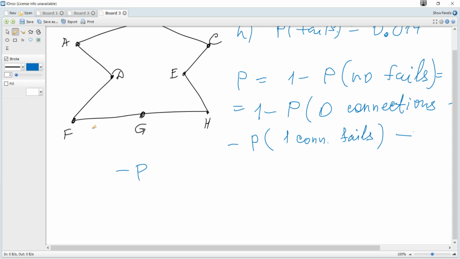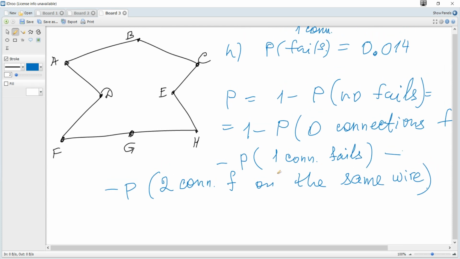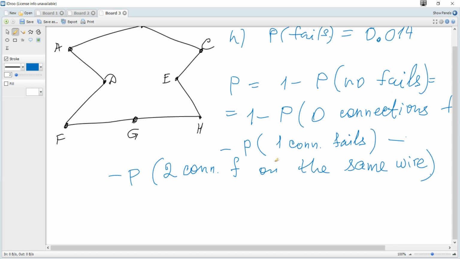So it may be minus probability two connections fail on the same wire.